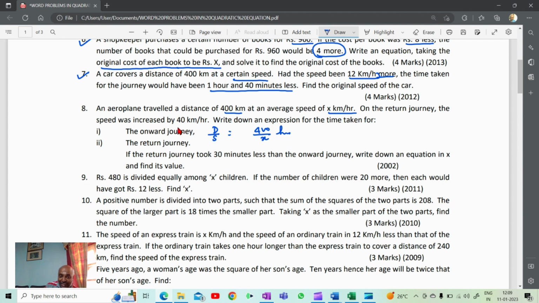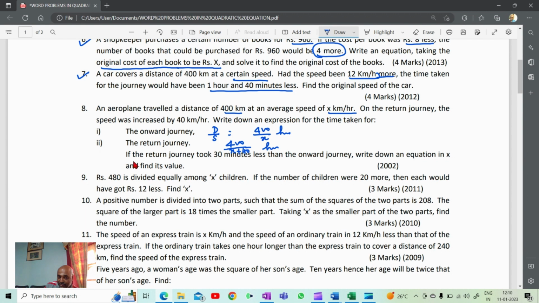Return journey, you had increased the speed. So the speed has become x plus 40. Therefore, what is the expression for the return journey? It is 400 over x plus 40 hours. This is the expression for the return journey.